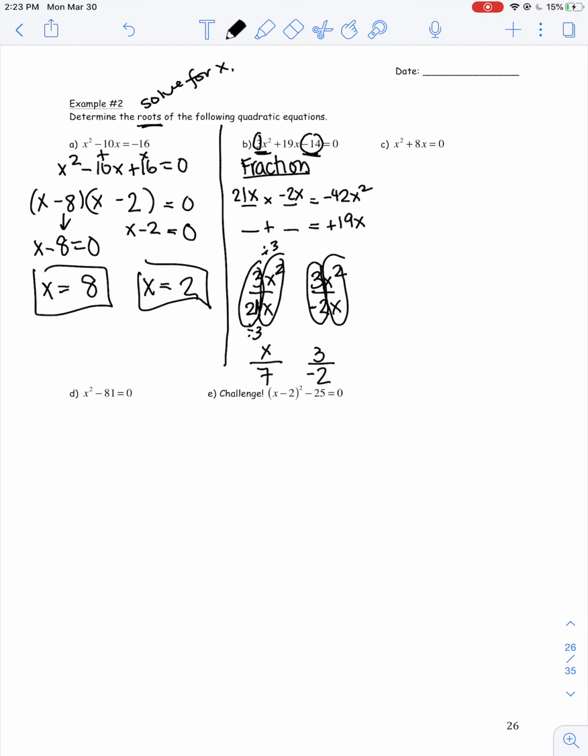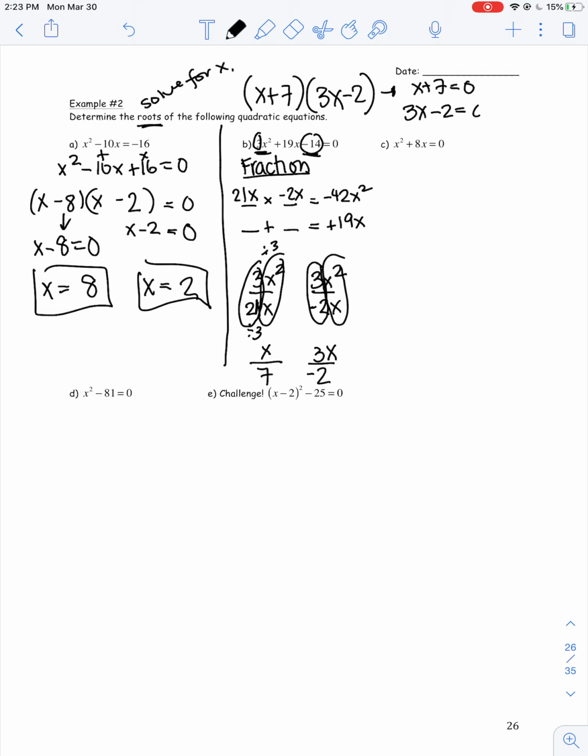The second one, the 3 and the -2 don't change. But the x squared and the x do simplify to just 1x at the top. So those are your factors. So our factors are x plus 7 and 3x minus 2.